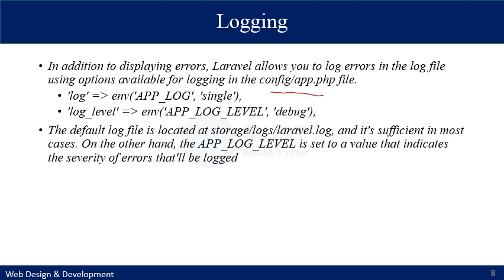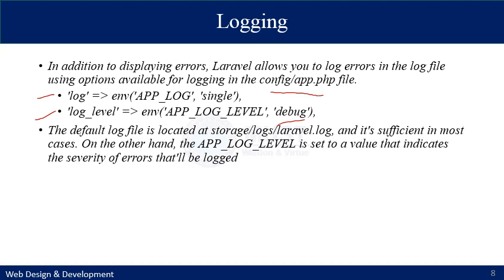Now you have to find two variables, log and log level. First is app log, and it is set to single. That means only one app log file will be created. And what level you want to log into your log file is app log level, set to debug.